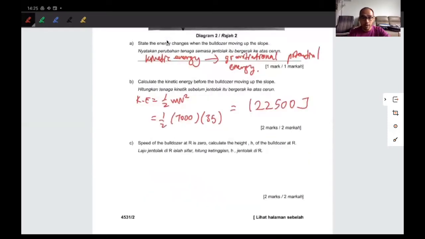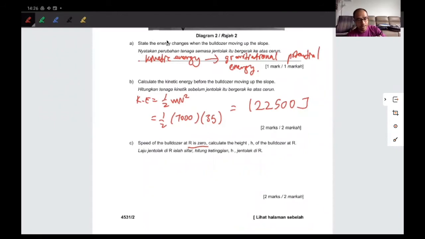Now, the speed of the bulldozer at R is 0. This is a very important thing. If originally I say all the kinetic energy is changed into gravitational potential energy, it means that at a certain height, all the kinetic energy from the start has been converted into gravitational potential energy.